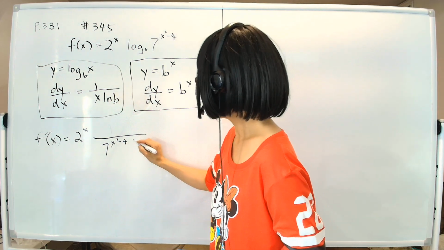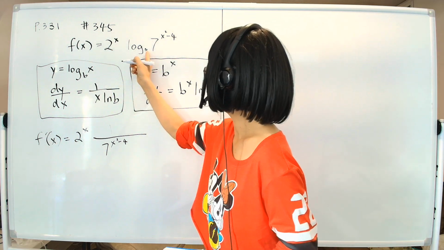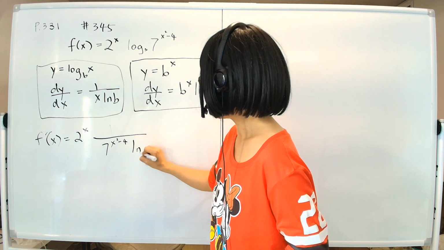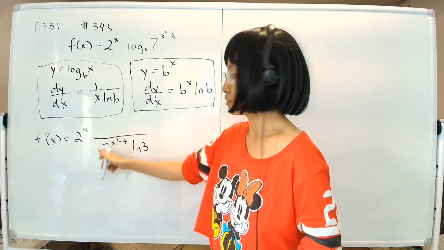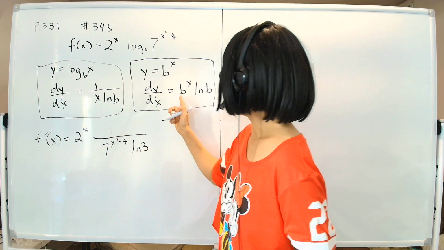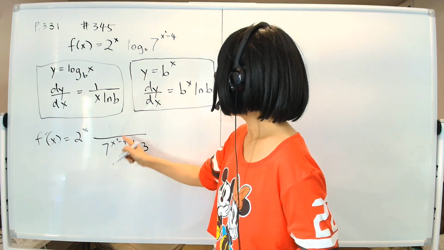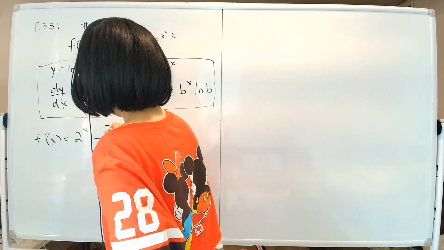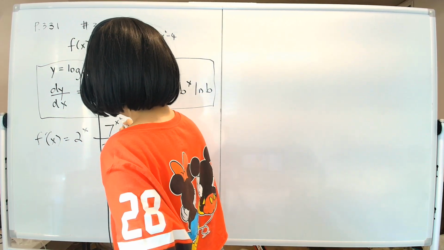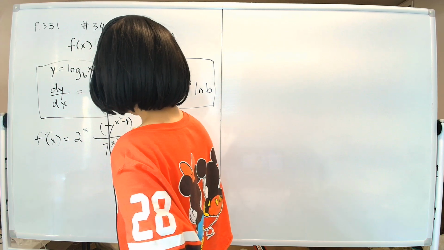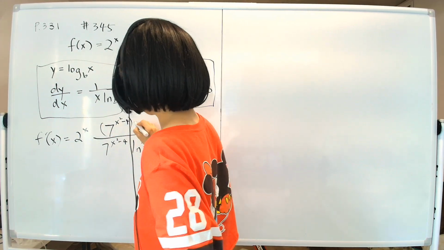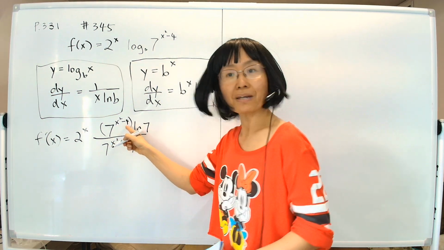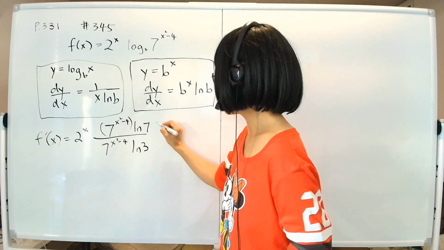You also need the natural log of the base, because the base is 3, so we multiply by natural log of 3. Then we take the derivative of this thing. According to the rule, the derivative of b to the power x is the thing itself, so we write down 7 to the x squared minus 4, times the natural log of the base, which is 7, and then you still have to apply the chain rule on the exponent, which is times 2x.